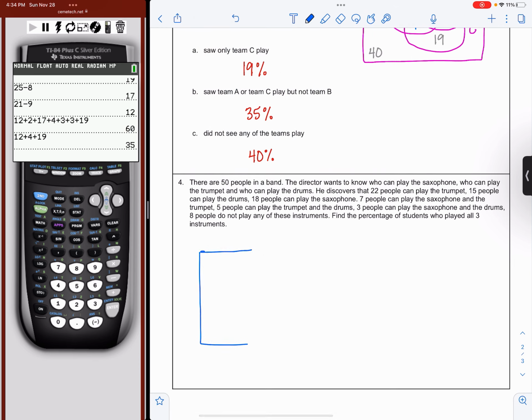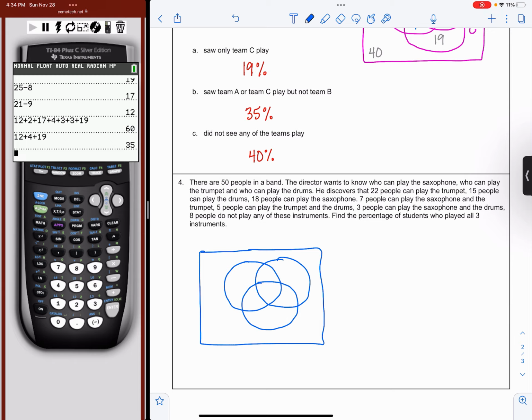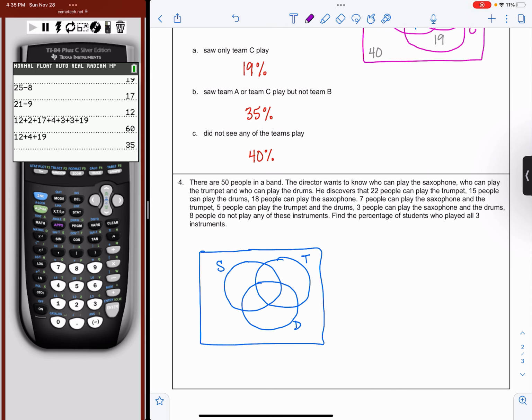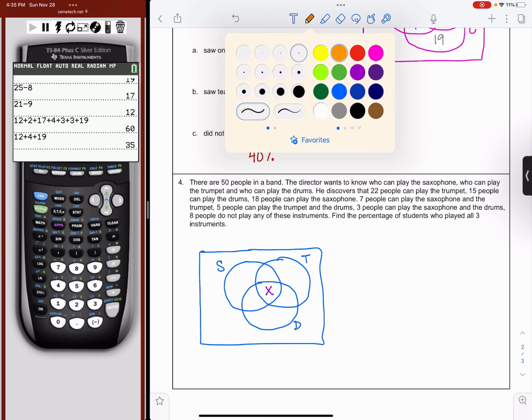So the first thing that I need to do is, when I make this Venn diagram, I need to have 3 circles, of course. So we have saxophone, trumpet, and drums. So remember, you always want to start from the inside out. Well, the question is asking, what is the percentage of people who play all 3 instruments? I don't even know how many people play all 3, so I'm going to put an X in the middle. Okay? Then from there, we work backwards.